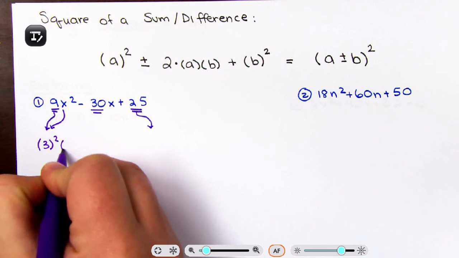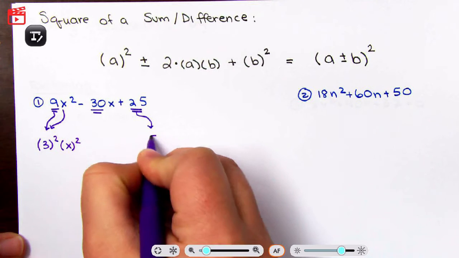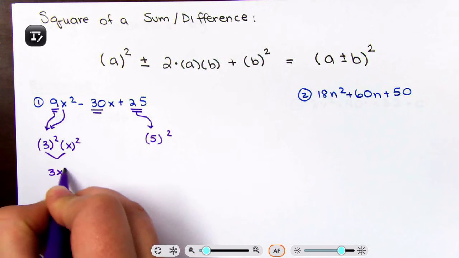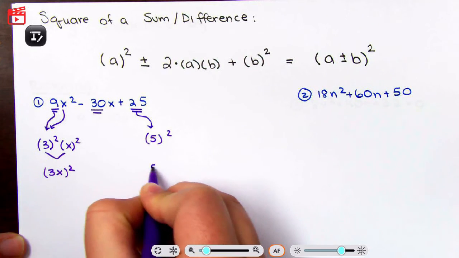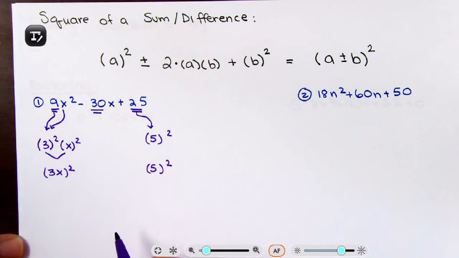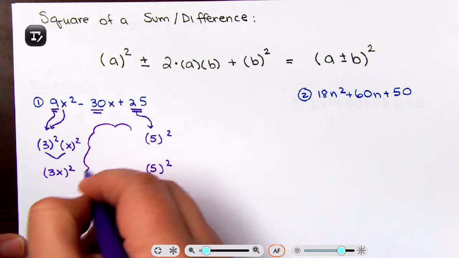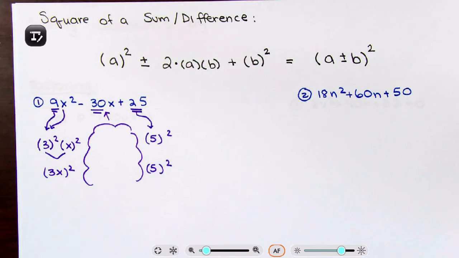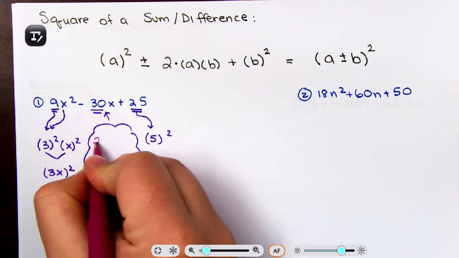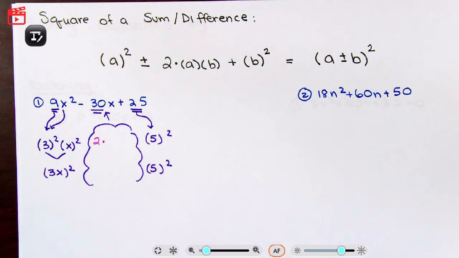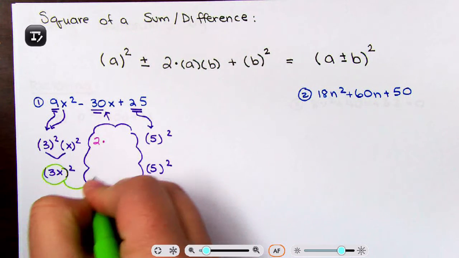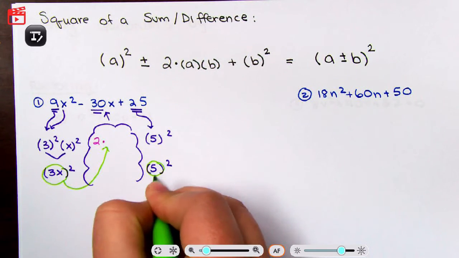3 squared times x squared. Here I'm going to write it as 5 squared. Again, combine your bubbles just like before, 3x squared, and here's 5 squared. Now, you're going to do a mental check for your middle term. Your middle term has to be 2 times, it's always 2 times, your A, which is your bubble here, and your B, which is your bubble here.